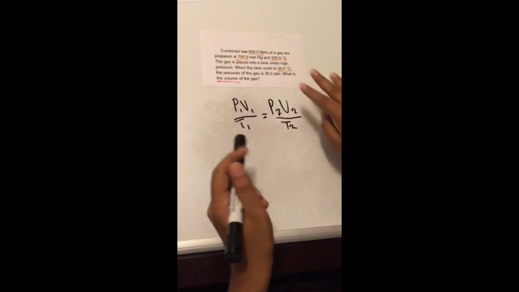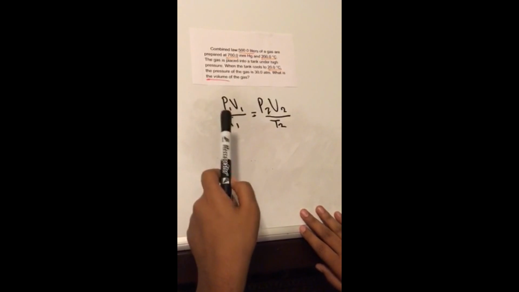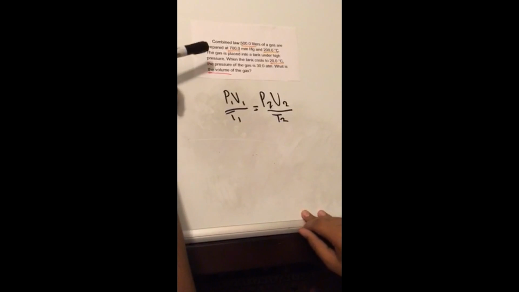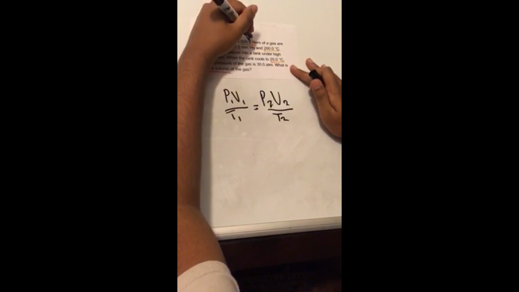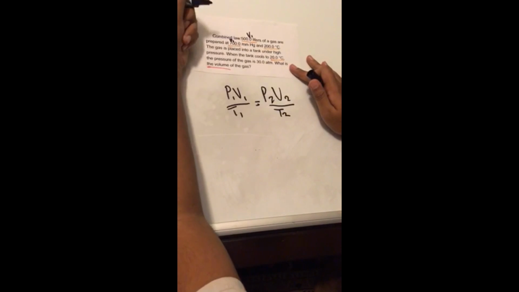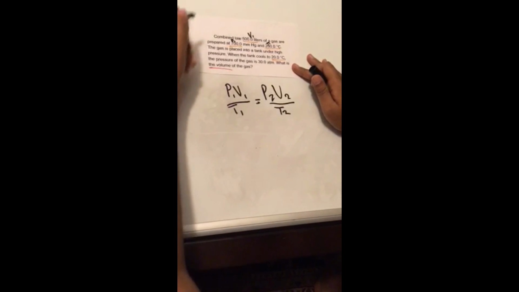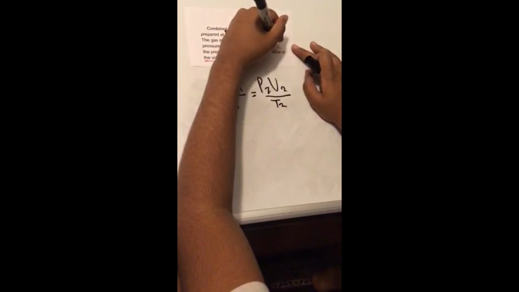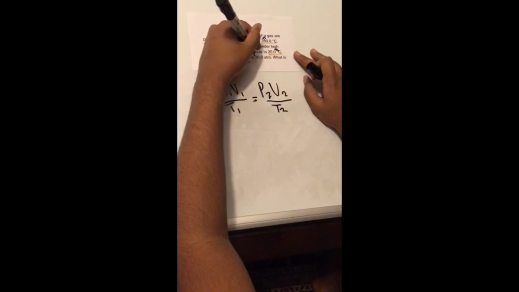So now we're doing the combined law, which is Charles' law, Gay-Lussac's law, and Boyle's law all combined. And for this, we have our volume 1, our pressure 1, and our temperature 1, and we also have our temperature 2 and our pressure 2.